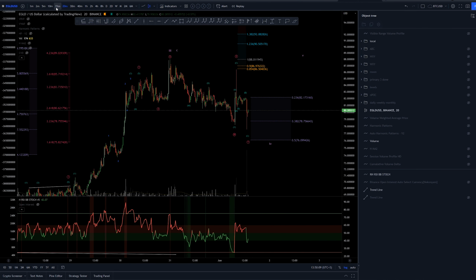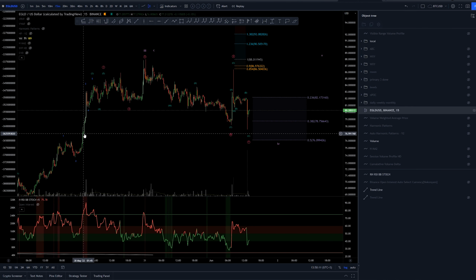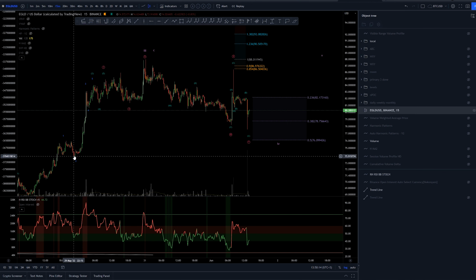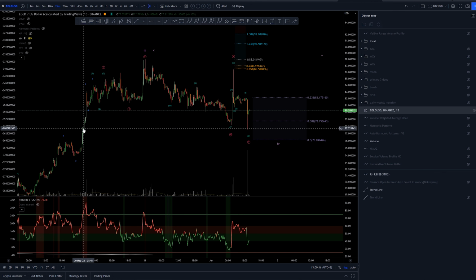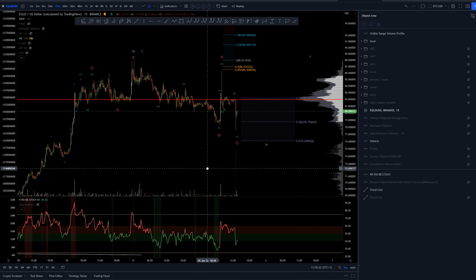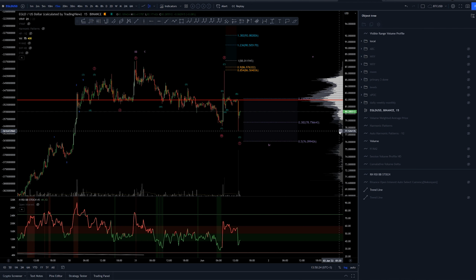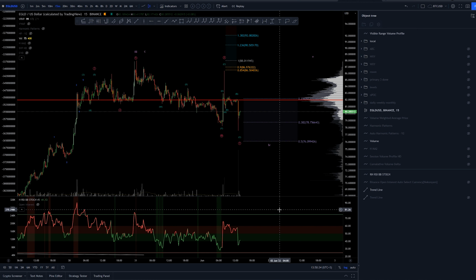We did have just a small amount of support here on a previous, maybe this is third wave, third, fourth, possibly. It is hard to say. Some kind of structure here we had support. There's not much volume on it as we went so fast up here. We can see just barely some kind of spikes here, but not much, right?